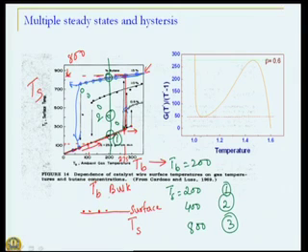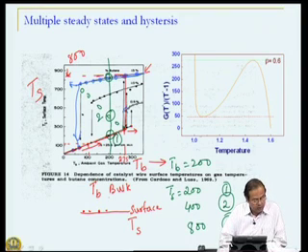That is, for the same value of bulk conditions, I could have 3 different values of my surface temperature, or 3 different ways in which my wire will be present, or 3 different extents of reaction. Hardly any reaction in 1, a whole lot of reaction in 3, and intermediate in 2.